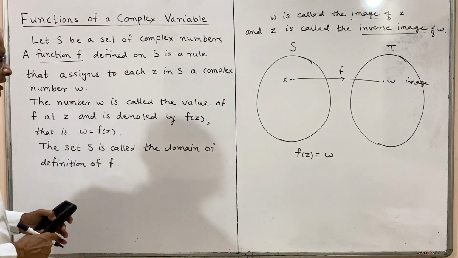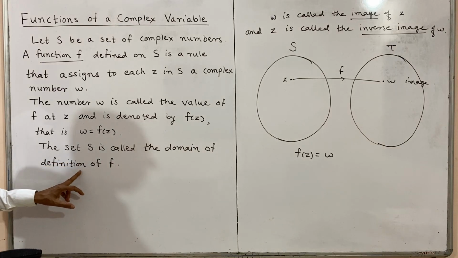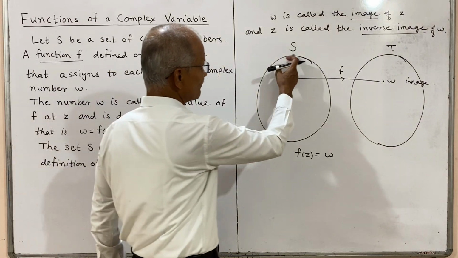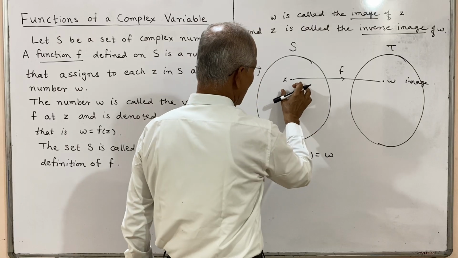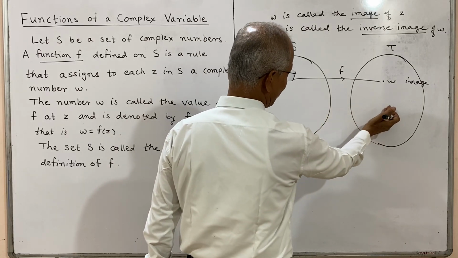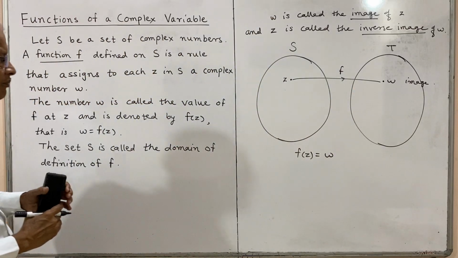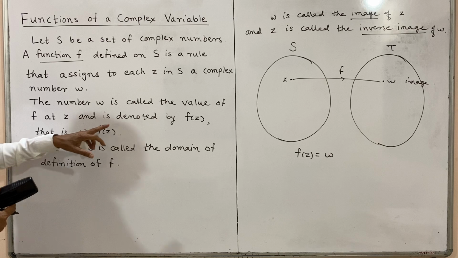And you see, the set S is called the domain of definition of f. All those points in S are mapped, or related by the rule, to exactly one point, that is w.